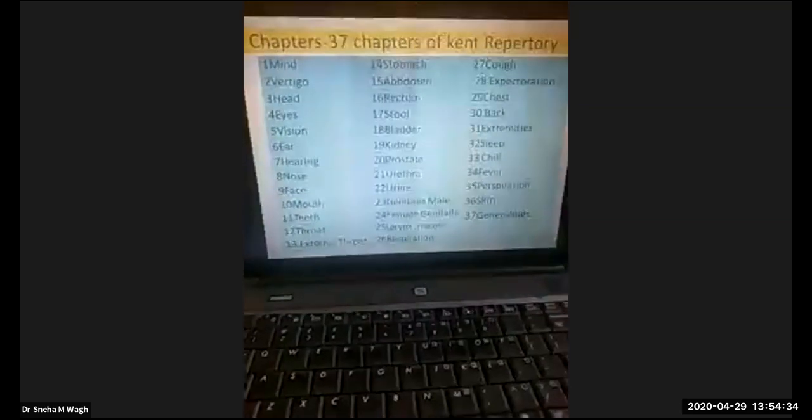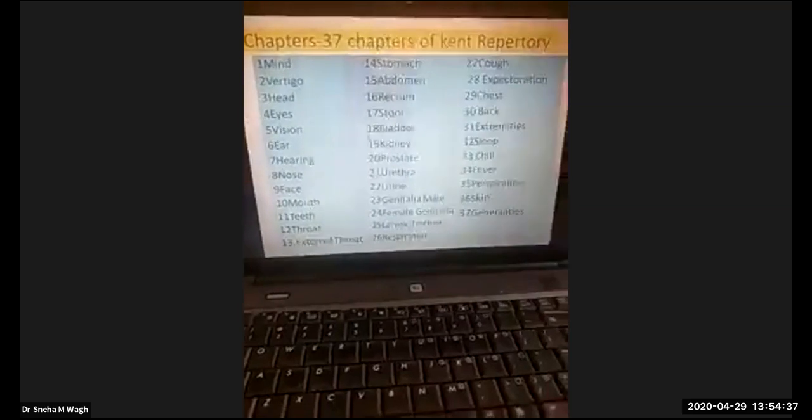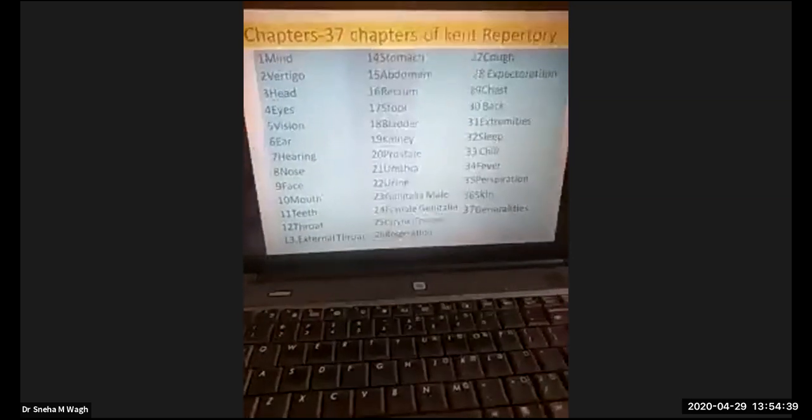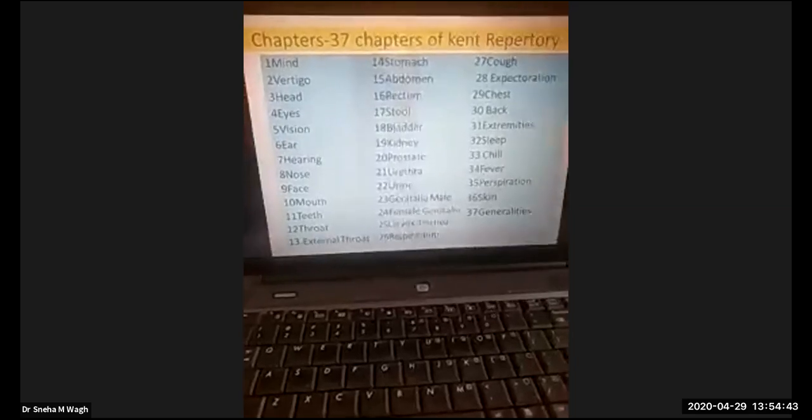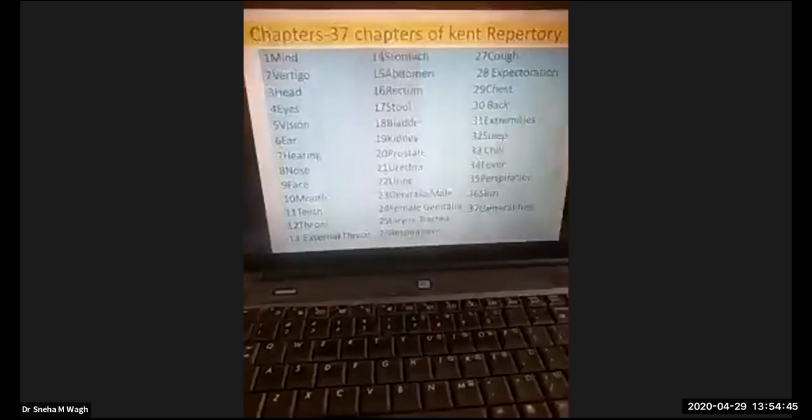Now let us see what the chapters of Kent's Repertory are. Kent's Repertory has almost 37 chapters. The 37 chapters are as follows.